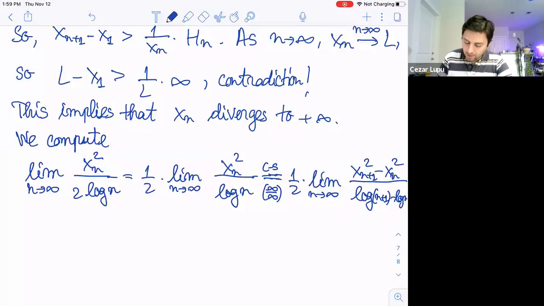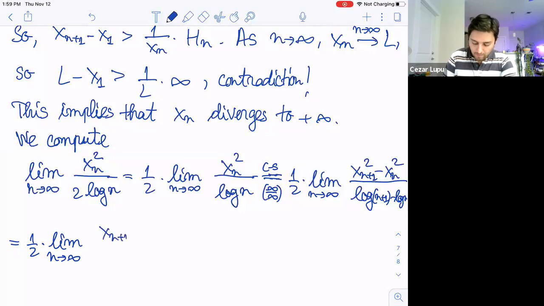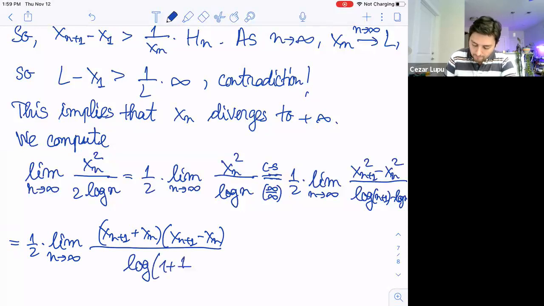Right? And this will give us 1/2 times the limit as n, oh my God, I'm going over time, but anyway, xn plus 1 minus xn will be xn plus 1 plus xn times xn plus 1 minus xn, everything over log 1 plus 1 over n.